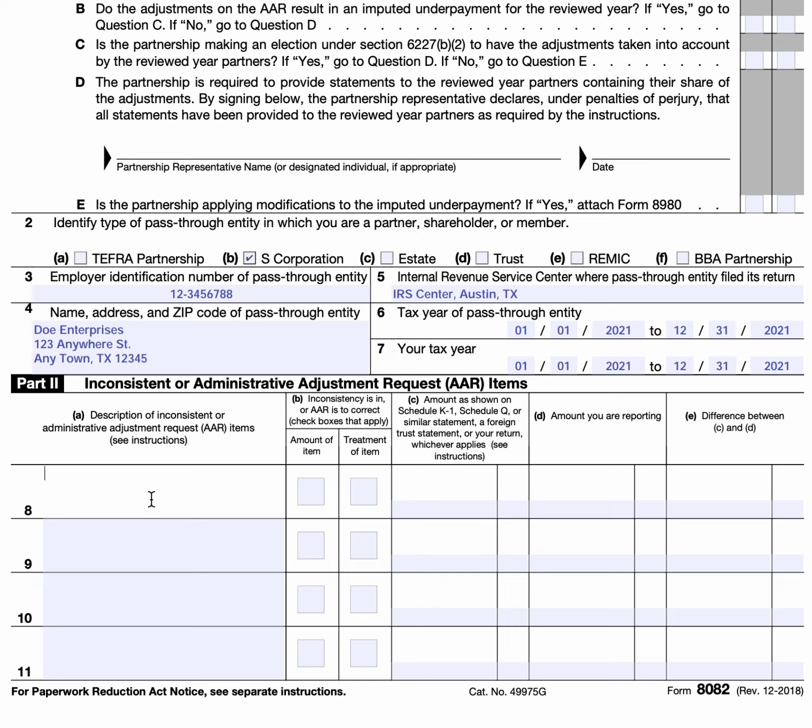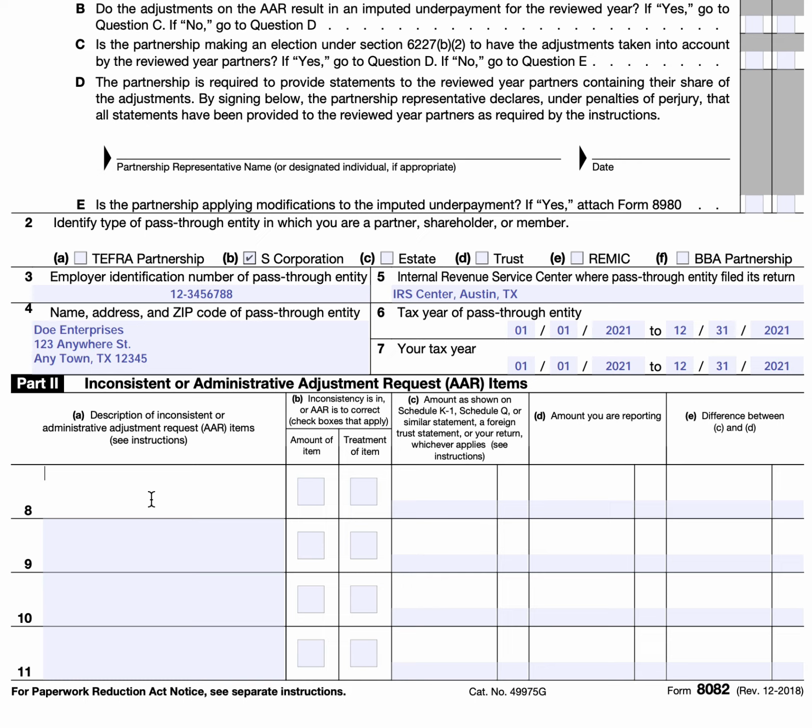There's not a whole lot in this video that we can demonstrate, but based on the inconsistent or AAR item, and depending on the entity that's reporting that item, you may do certain things differently.